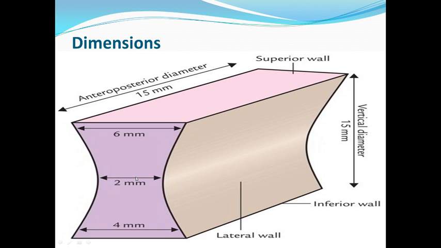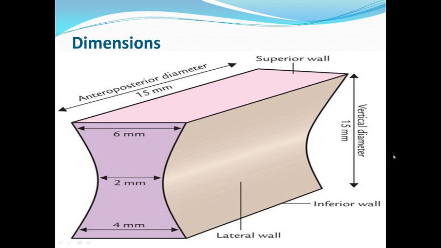Talking about the dimensions now, the shape of the middle ear is like a cube, which is compressed from side to side due to broad lateral and medial walls.